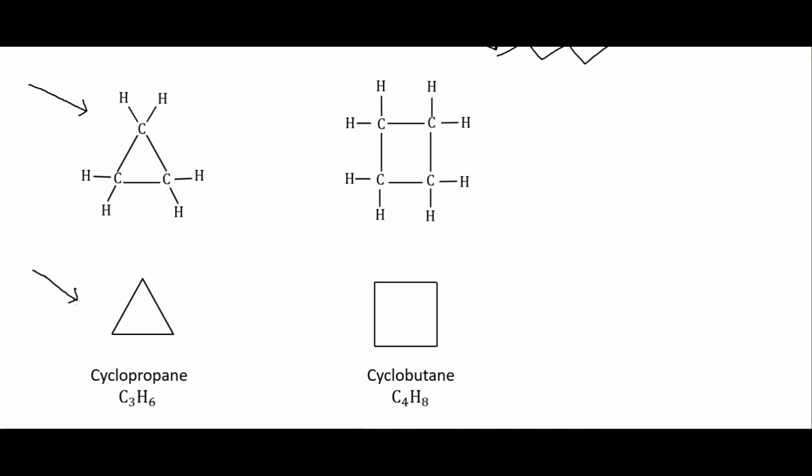The line drawings are the ones that we're going to have to get used to seeing. This is probably one of the last times I'm going to be showing the explicit hydrogens. Just know that when you see a triangle sitting there, that is a cyclopropane, and a square is a cyclobutane.